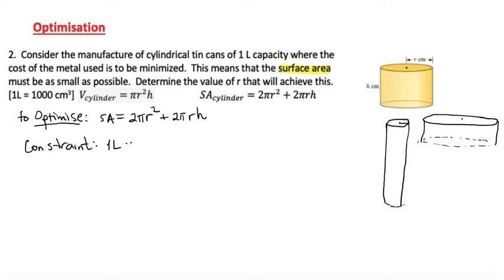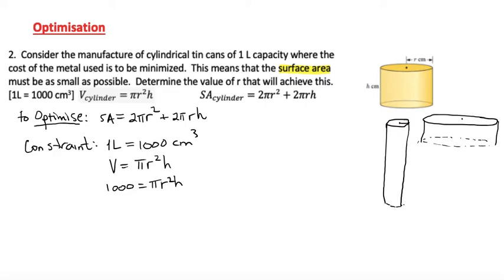So we know that we need to contain exactly 1,000 cubic centimeters. So our constraint is that the volume, the formula for which is pi r squared h, the area of the top times how high it is, has to be respected. It's got to be exactly 1,000.